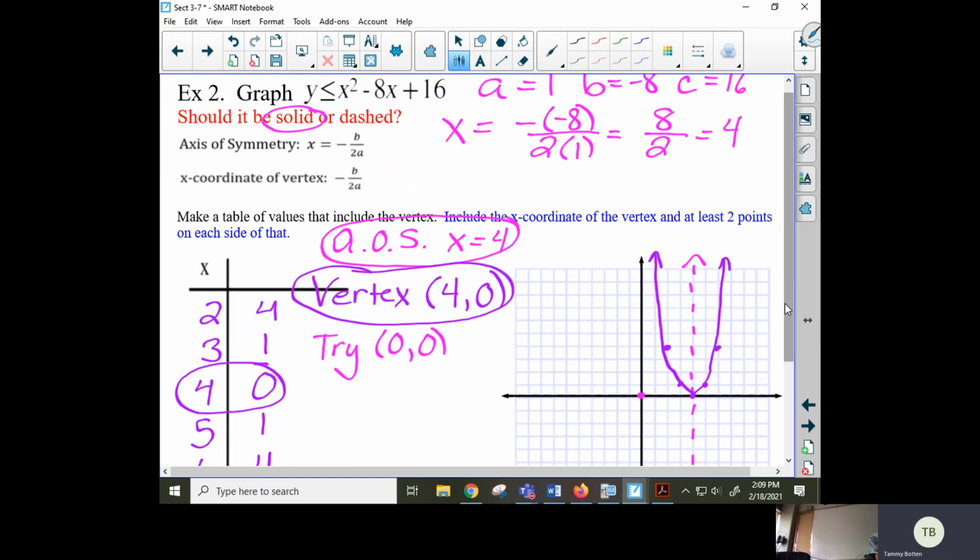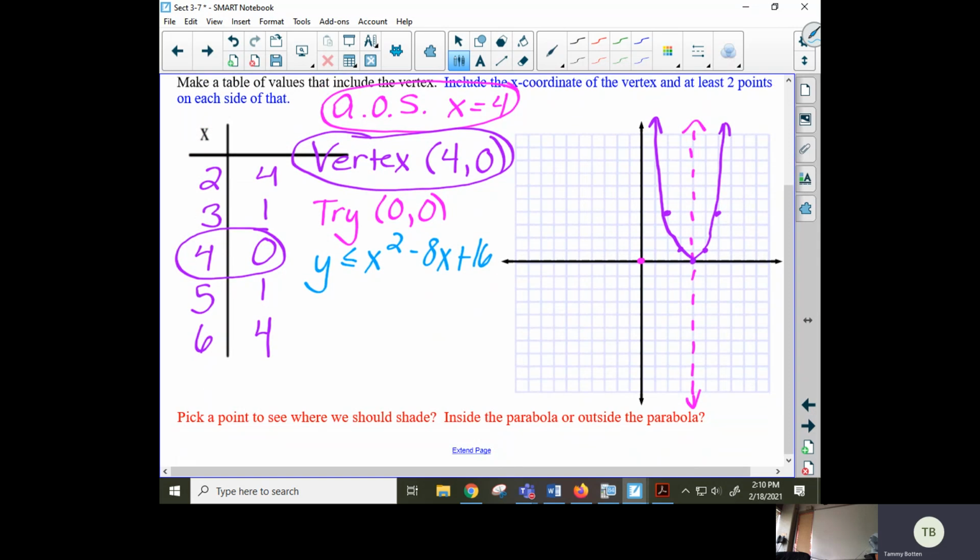And my equation is y is less than or equal to x squared minus 8x plus 16. And I'm going to try putting 0 in for y, as well as 0 in everywhere I see an x. Okay. Now 0 squared is 0, minus 8 times 0 is 0, and 0 plus 16 is 16. Is 0 less than or equal to 16?